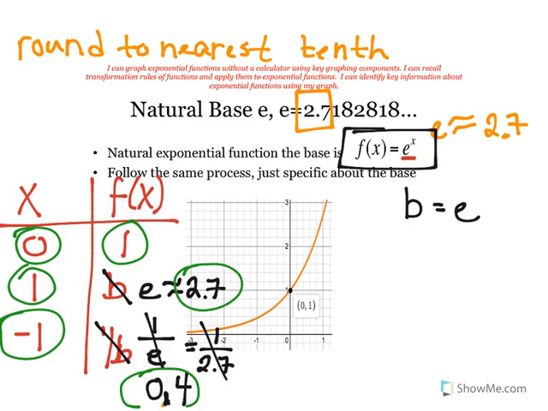Okay? So I'm going to try and graph these on this coordinate plane that's given to me and see if it matches up with what's already there. Okay? So (0, 1) is right here. Check. (1, 2.7) is going to be right up in this area, more than halfway, so right around in here, which is exactly where my graph is.